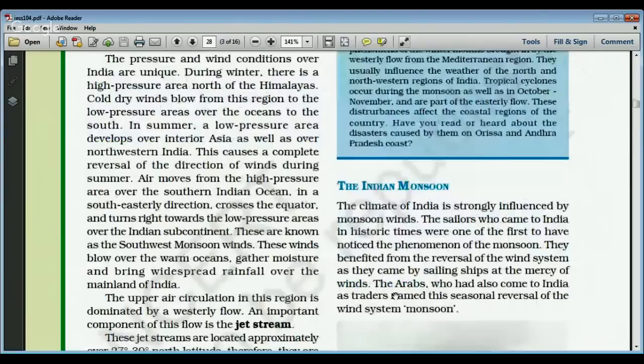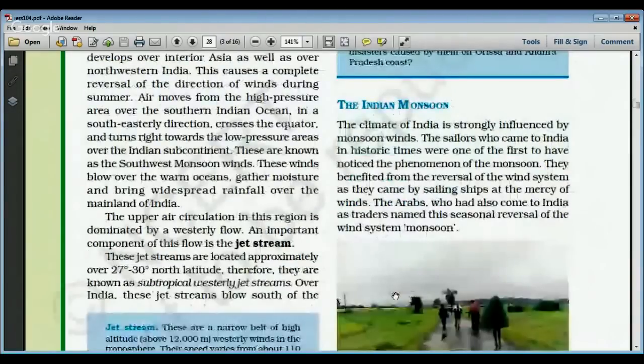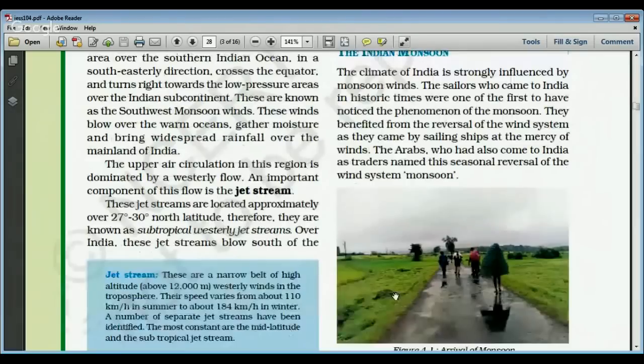Now, if you see the Indian monsoon, the climate of India is strongly influenced by the monsoon winds. In ancient times also, the sailors who came to India were one of the first who noticed the phenomenon of the monsoon, and they benefited from the reversal of the wind system as they came sailing their ships at the mercy of the winds.